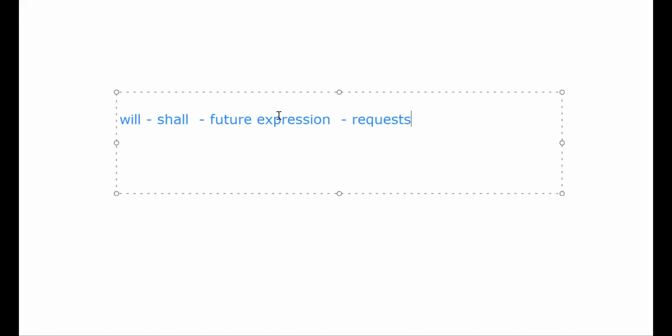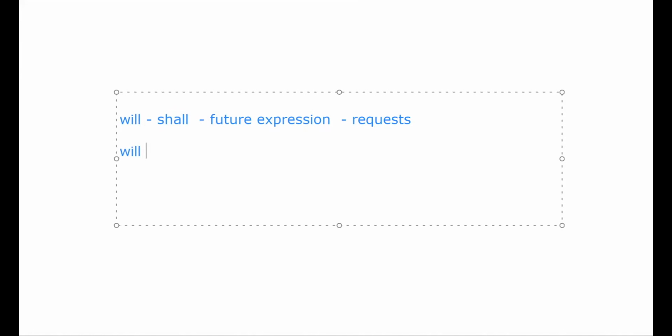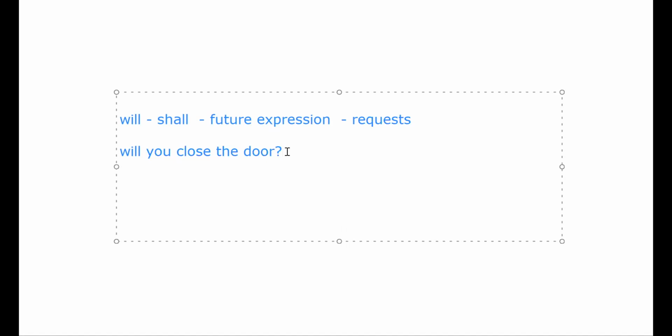Look at this. Will you close the door. Here, will is used to request something. Polite way of requesting something. That's the way I used. Okay, and I can also use shall for this kind of request.